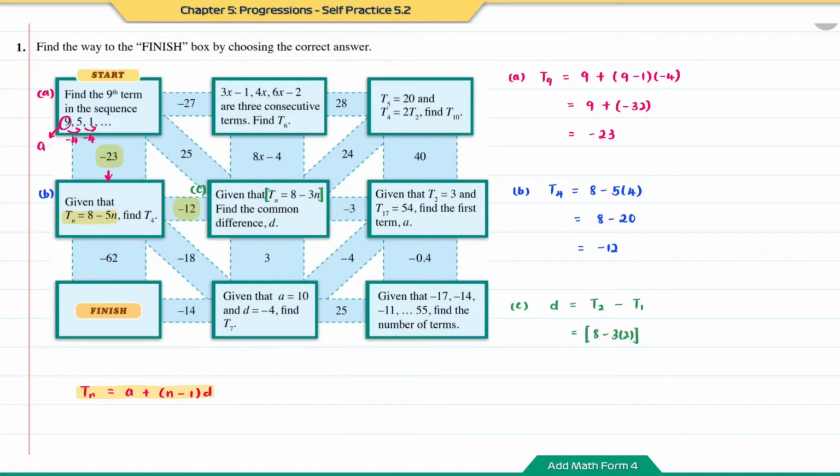I'm going to minus it with the first term, so I substitute the n in the formula with 1. So here will be 8 minus 6, which is equal to 2. And for this one, it's going to be 8 minus 3, which is 5. So 2 minus 5, the D is equal to negative 3.